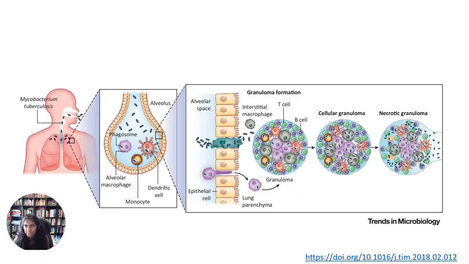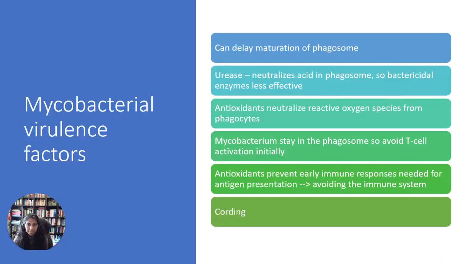You can see a schematic here of an alveolus with the mycobacteria in the phagosome-lysosome complex. They have escaped and disrupted this macrophage, and as a result, monocytes and dendritic cells are being recruited to the area. And then on the right-hand panel, you can see the granuloma formation when the T cell response is activated, and we'll talk about that later.